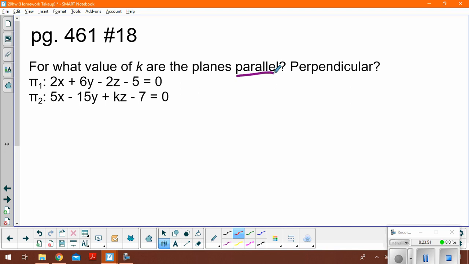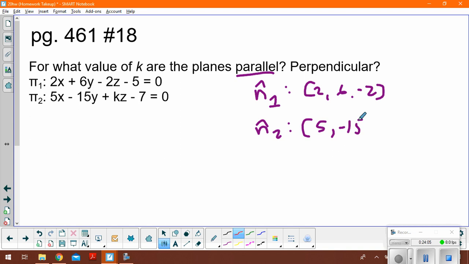So my first normal vector, normal 1, is 2, 6, and -2. Normal 2 is 5, -15, and k. So by inspection here, because this 2 became a 5, this -2 should probably become a -5. So most likely it's going to be k equals -5.